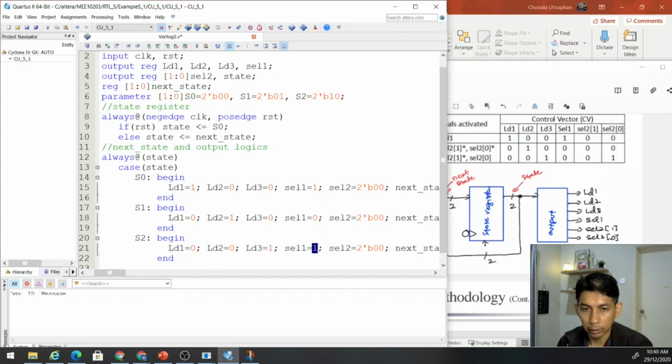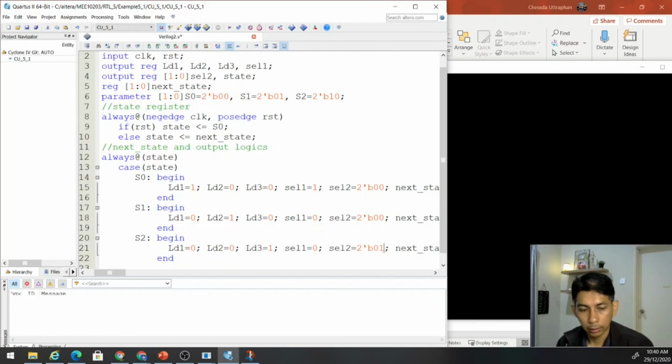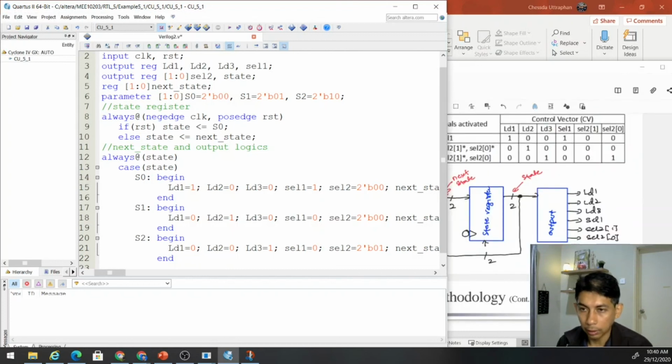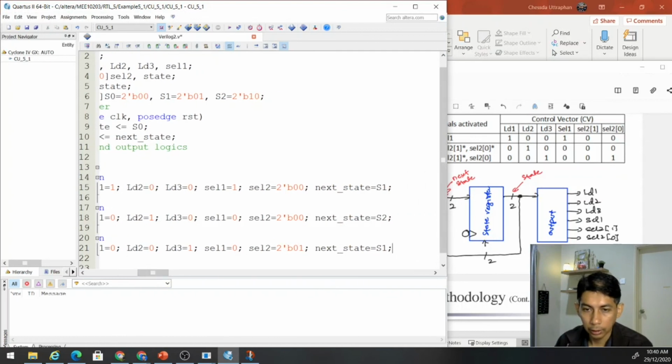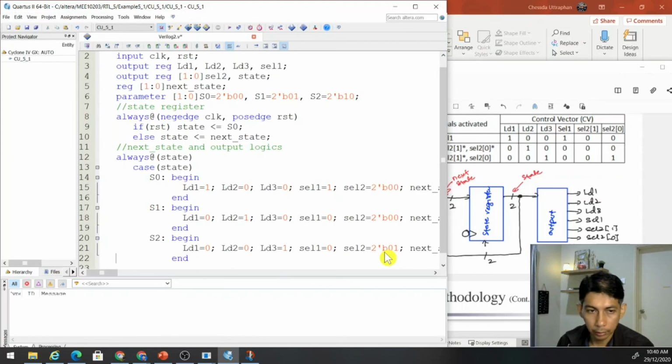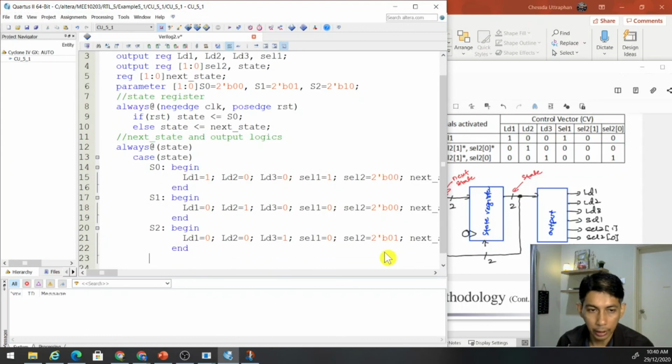Select 1 is 0. And here it should be 0, 1. And the next state, we repeat the operation, just go back to S0. All right, and we have 3.